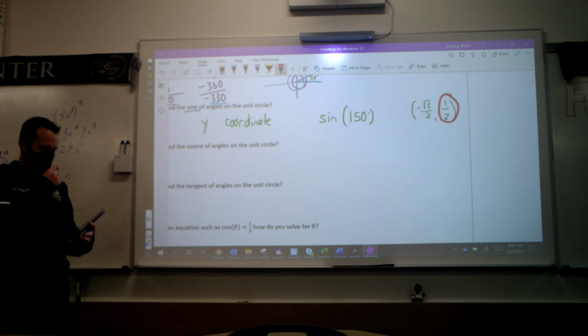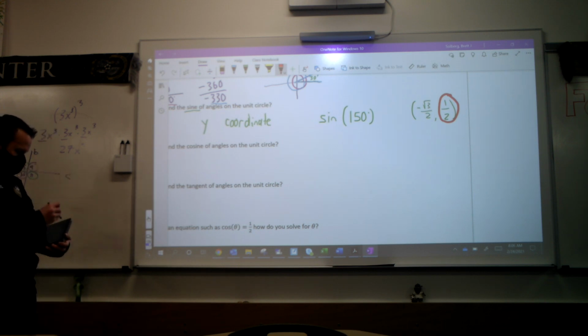Go ahead, Nazaro. I'm just going to look at the x coordinate. So let's do a different example. If I said, I want you to do the cosine of 7 pi fourths. So I'm going to stay with Nazaro on this one. What are the coordinates, the x and the y?